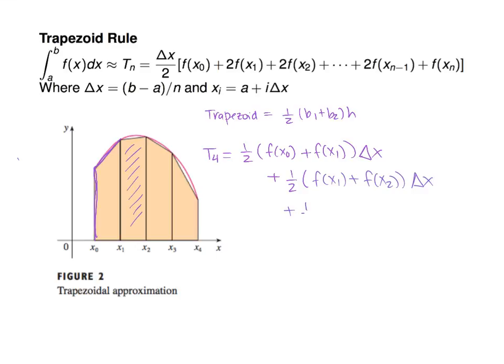The next one's going to be 1/2 f of x2 and f of x3. Do you buy that? Times delta x. And how about the last box? F of x3, and then what else? F of x4, and still times delta x, right?